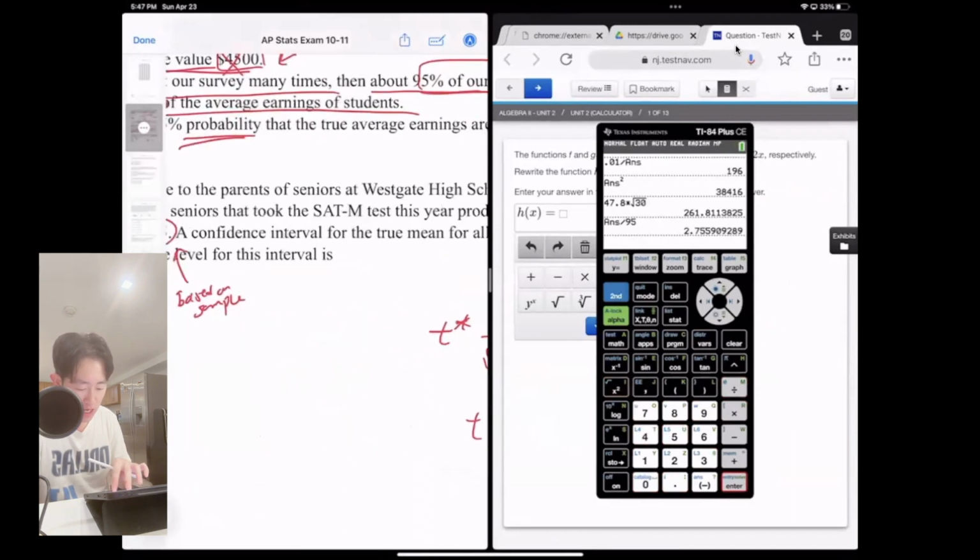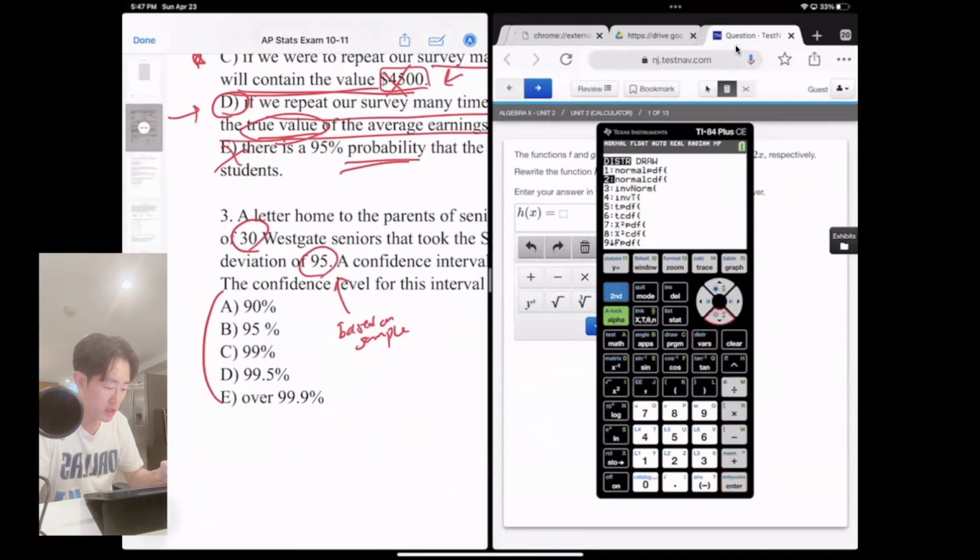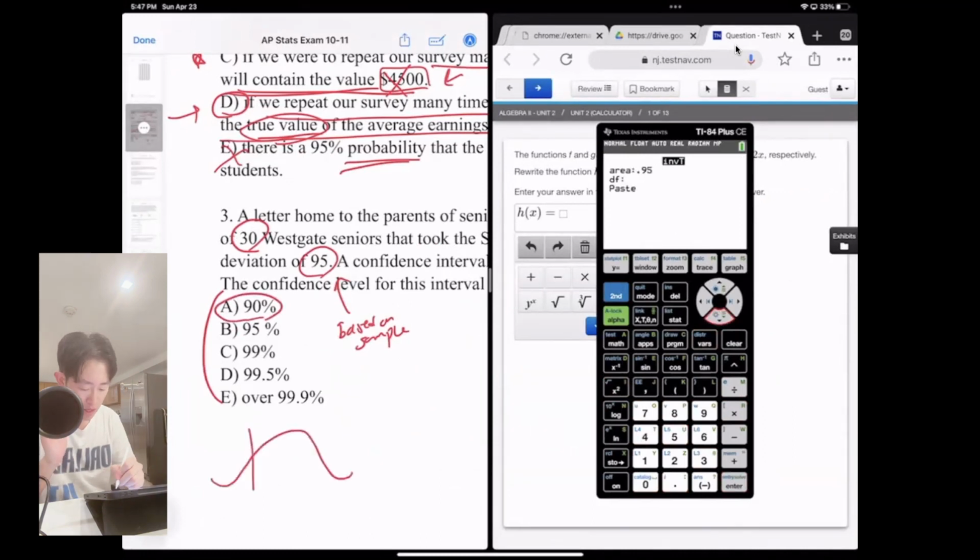Now, one of these answer choices should give you a t-value of 2.755. But what you can do is go about doing the inverse t. Let's say I check for the first one, 0.95. You should know that because 90% in the middle means 5% on either end, so that will be an area of 0.95, with a degree of freedom of 29 because the sample size is 30.